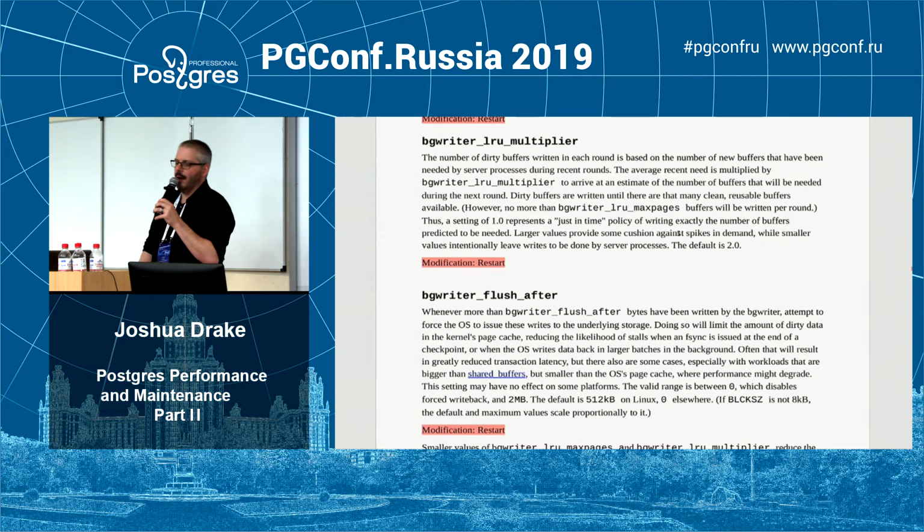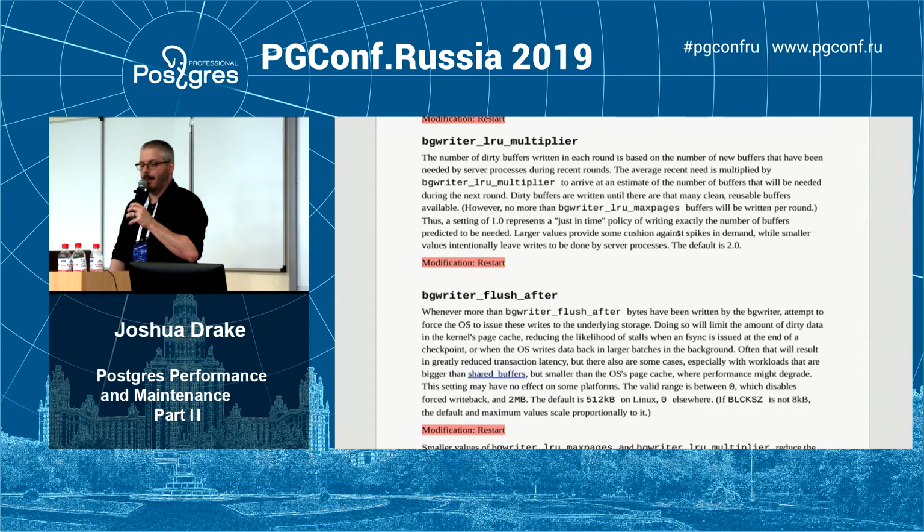The BGWriter LRU multiplier. The number of dirty buffers written in each round is based on the number of new buffers that have been needed by the server process during recent rounds. The average recent need is multiplied by BGWriter LRU multiplier to arrive at an estimate of the number of buffers that will be needed during the next round. I know this is getting a little deep.